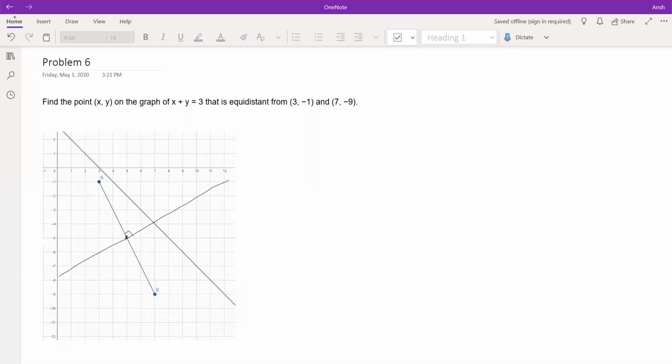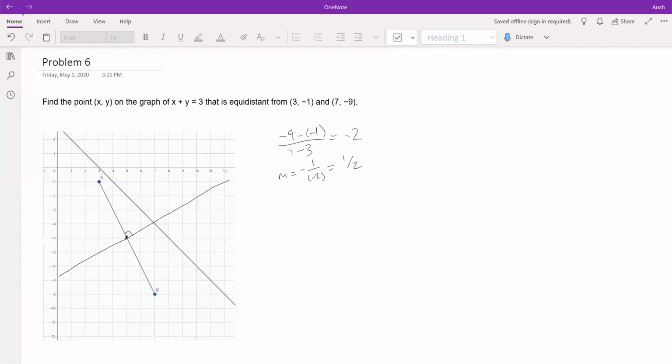We can find the slope of our line segment AB first, which would be (-1 minus -9) over (7 minus 3), or (-9 minus -1), whichever you choose to do first. This comes out to a slope of -2. So plugging in our formula, the slope of the perpendicular line is 1/2.